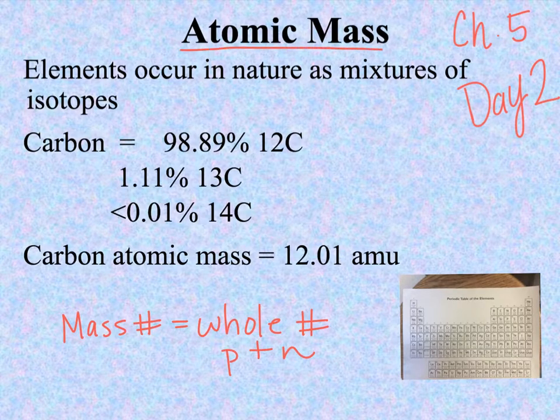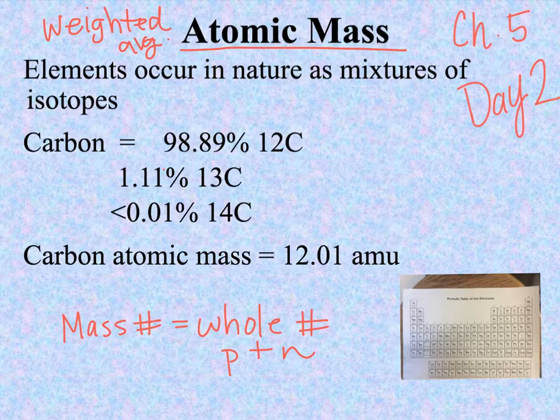When we talk about atomic mass or average atomic mass, it's different. It's a weighted average, okay? It's a weighted average of all the existing isotopes. Weighted average. So it's not a whole number, and that's why on the periodic table you see that the masses actually have fractions, like the decimal places and stuff.